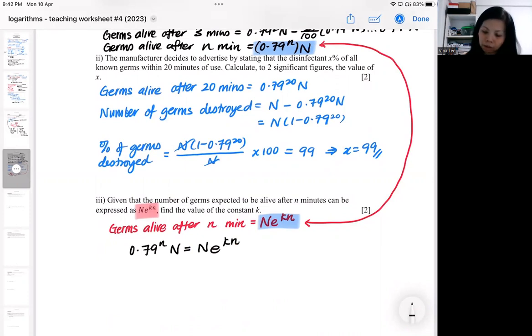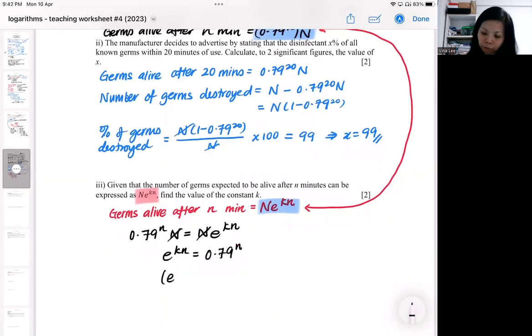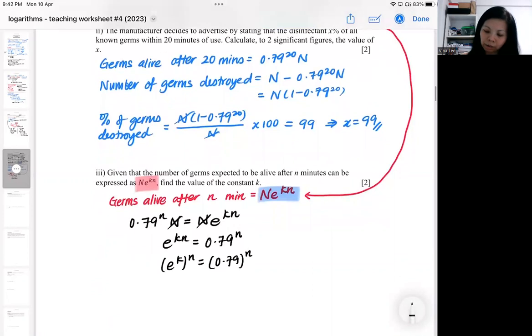Cancel the n that is on both sides. You will have e^(kn) equal to this, and both are power n.